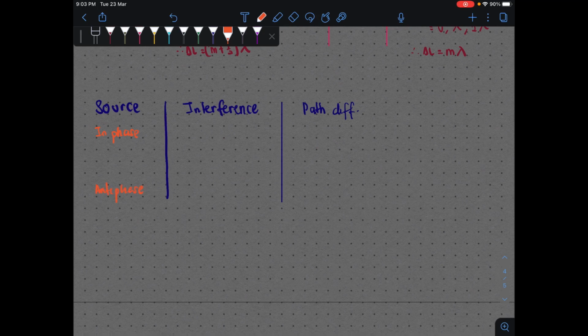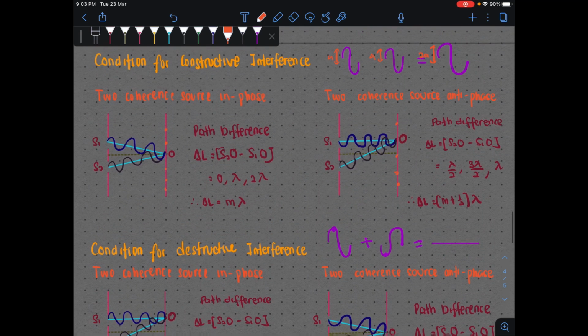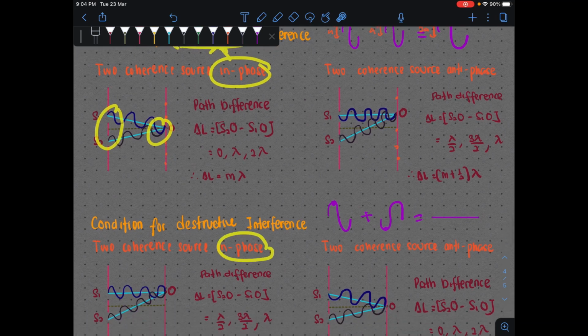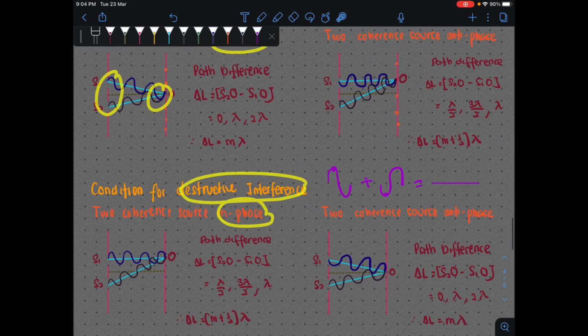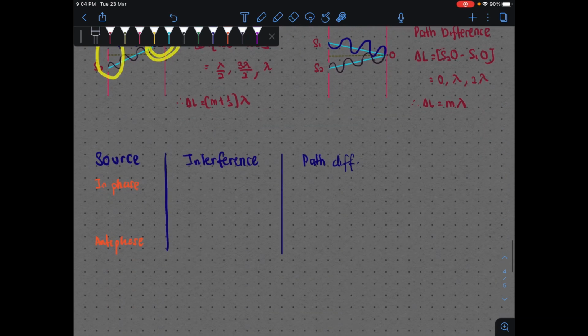Kita ada dua jenis. So dalam in phase, interference itu boleh menjadi either dia interfere constructively, source kita in phase, interfere constructively, iaitu dia bermula pada fasa yang sama, dia berakhir constructively, ataupun dia in phase tapi dia interfere destructively, dia bermula pada fasa yang sama, dia berakhir destructively.